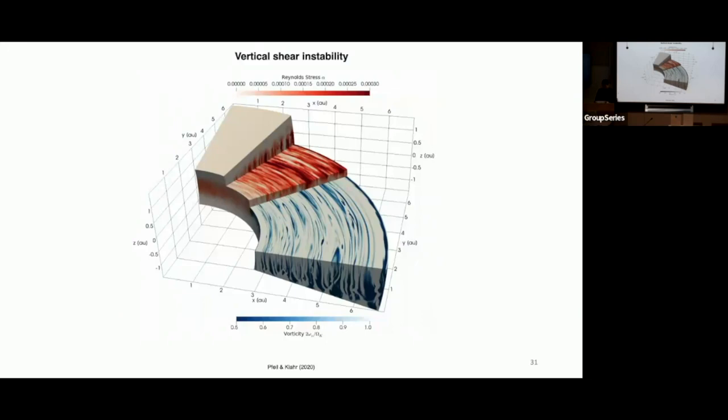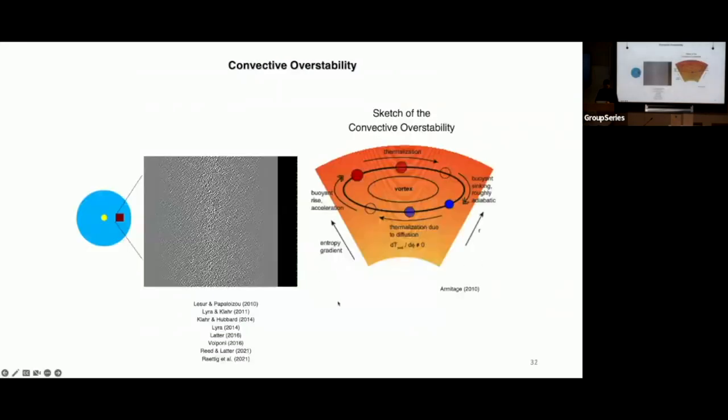The second instability would be the convective overstability, which is another work I did here in New York. What you see here is that you can start this calculation with just pure white noise. You give some amplitude, and then you see that the vortices form.